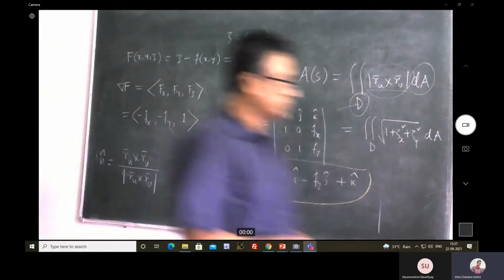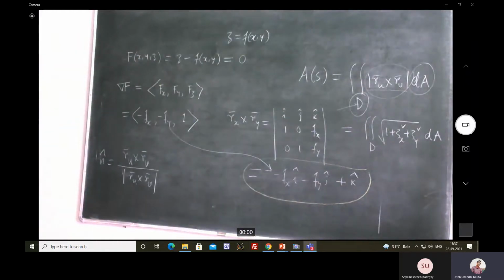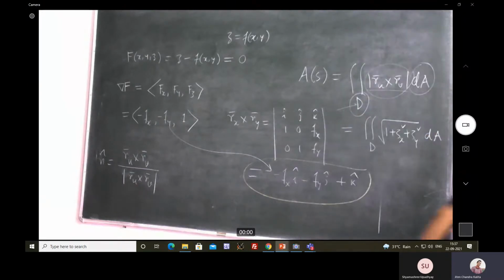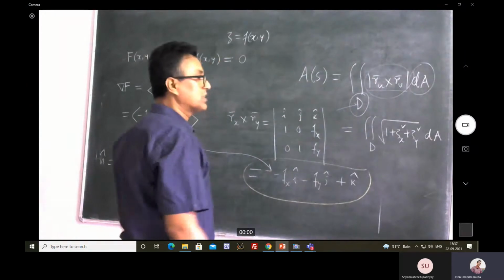So let's try to work out one example. This exercise we have already done, but let us try to do it through this approach.